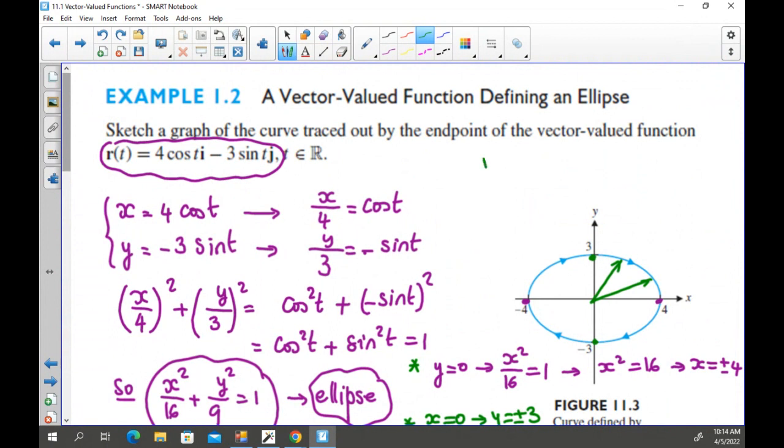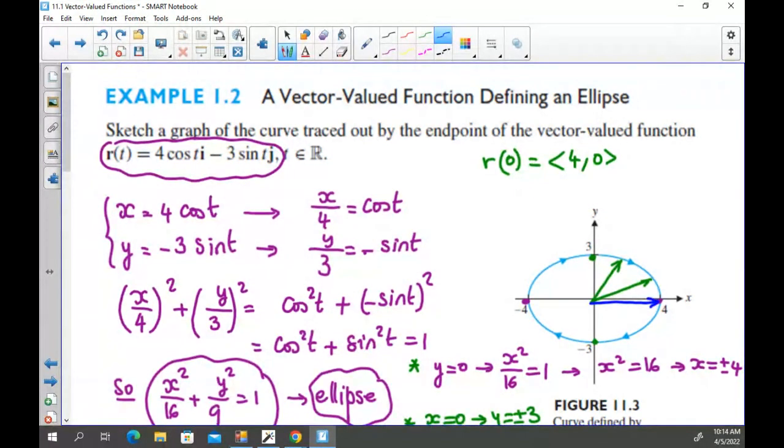For example, if I want r of 0, what vector is r of 0? It will be 4, 0, which is this vector here.